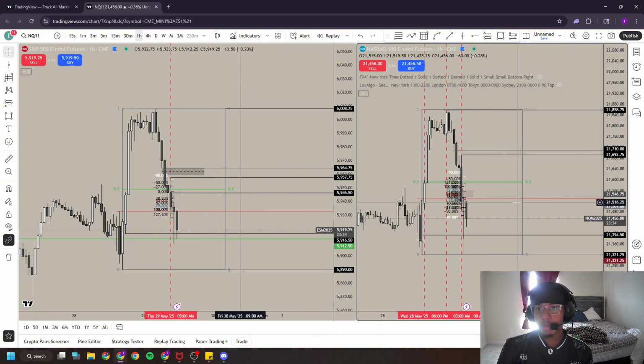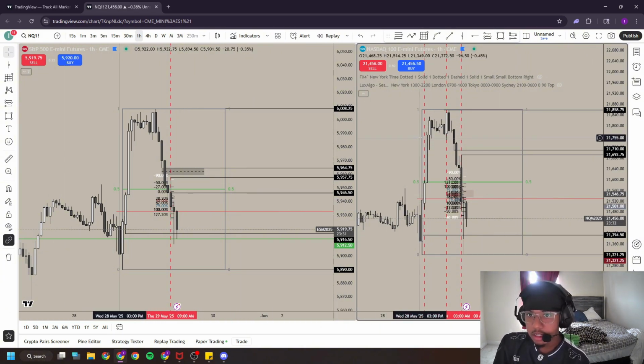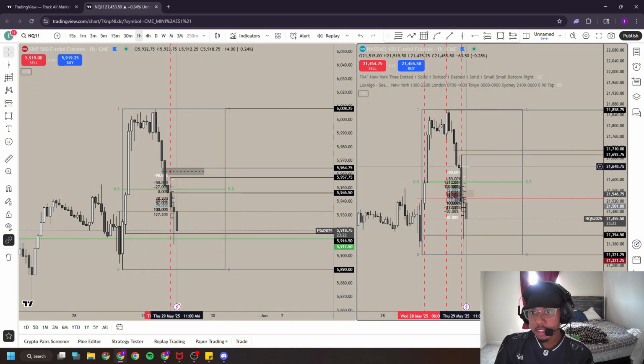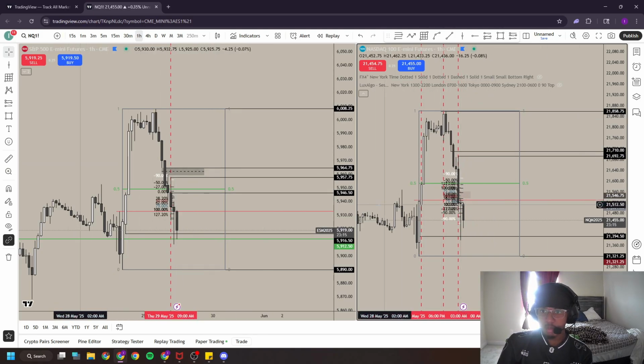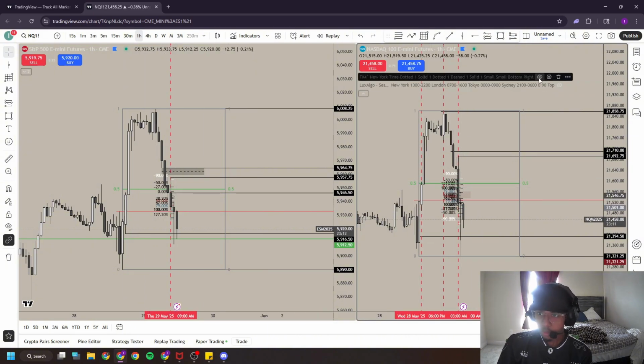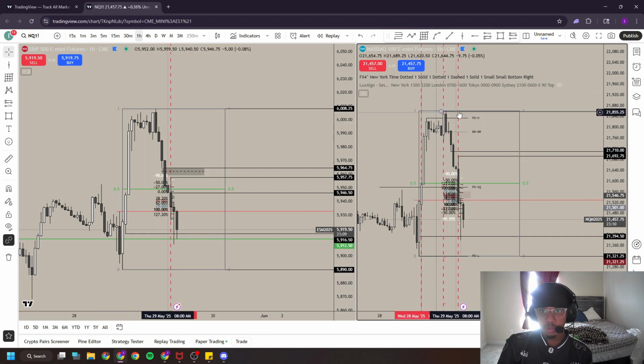We had multiple imbalances that needed to get filled. As you can see here, none of the sessions dipped into any of the imbalances until we got to London session, almost into New York AM pre-market. But by the time we got to New York AM pre-market, we were still in this range. If we take equilibrium of the whole range, we have not hit equilibrium at all, so remember, we still need equilibrium. Previous day highs was already swept.